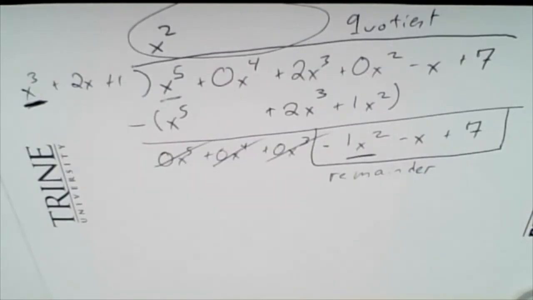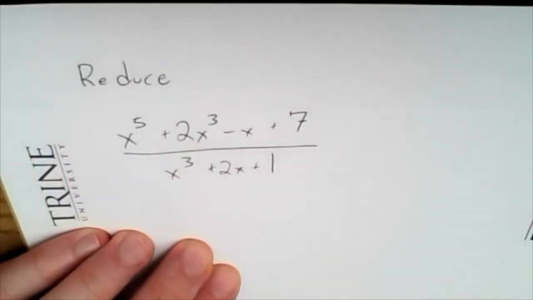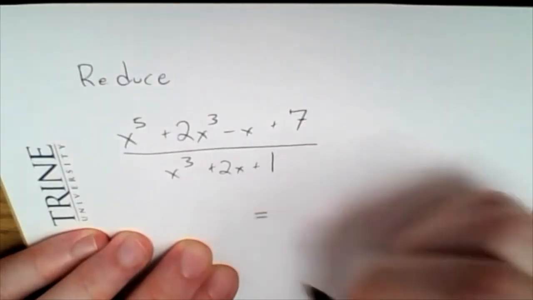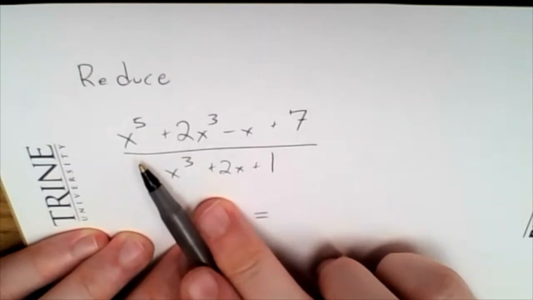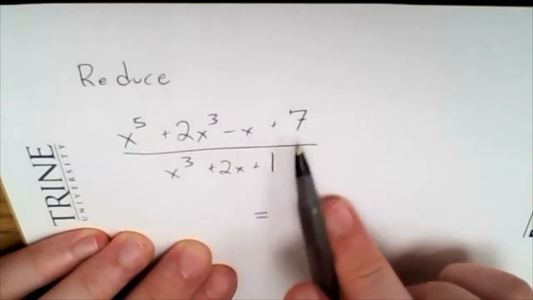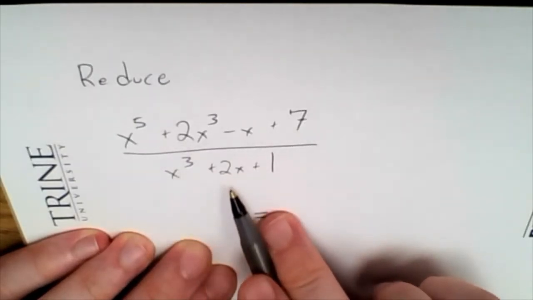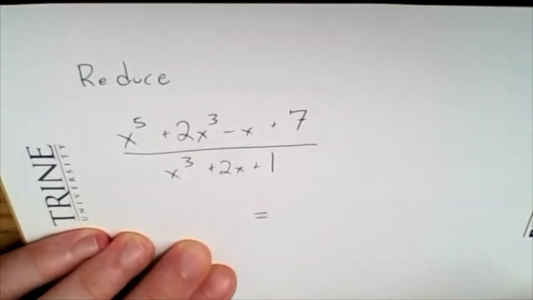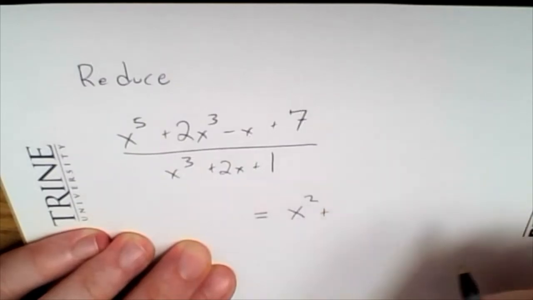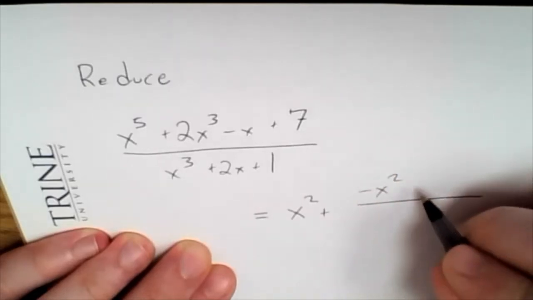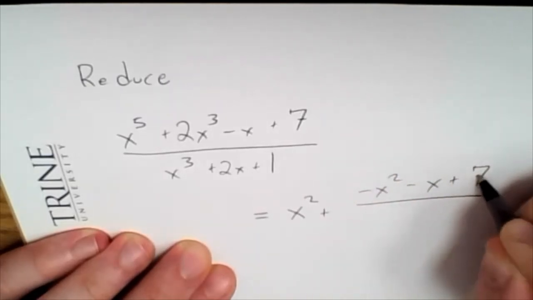So there are those. Let me return to my previous page. I needed to reduce this rational function. So I've just figured out that x to the fifth plus 2x cubed minus x plus 7 divided by the polynomial x cubed plus 2x plus 1 is equal to x squared with a remainder, and that remainder was minus x squared minus x plus 7.